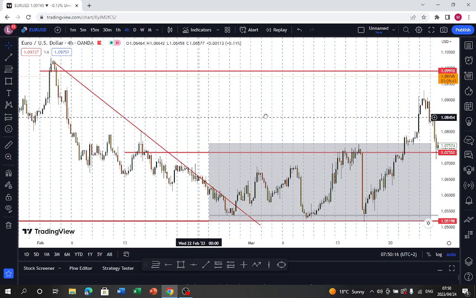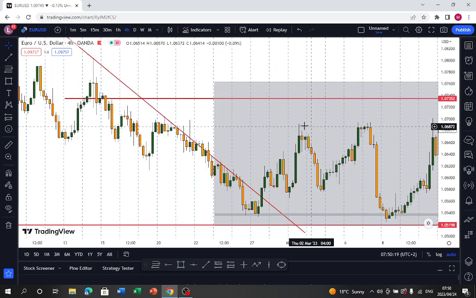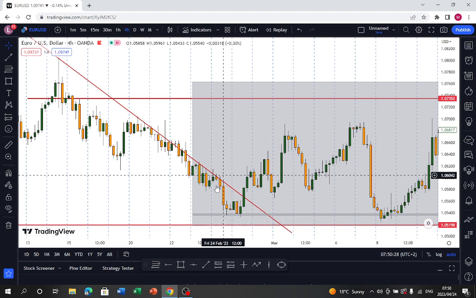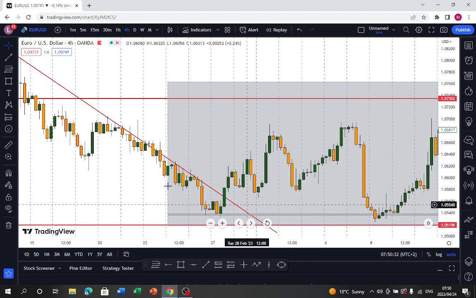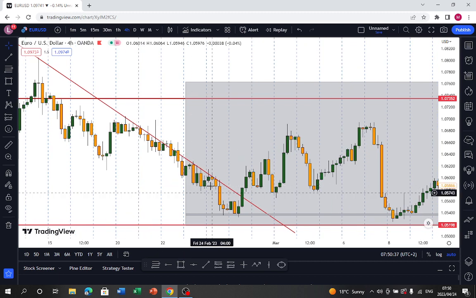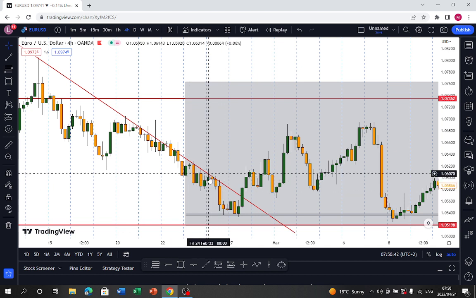Okay, let's start on this point right here, right? After this daily has been tested, what we are looking for is a shifting structure on the H1, on the H4. So we can see here that we do have something that we can call a peak or a lower high, right? Okay, but it's not clear here.